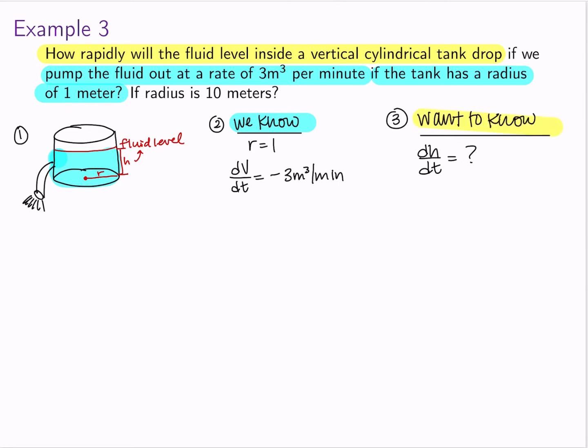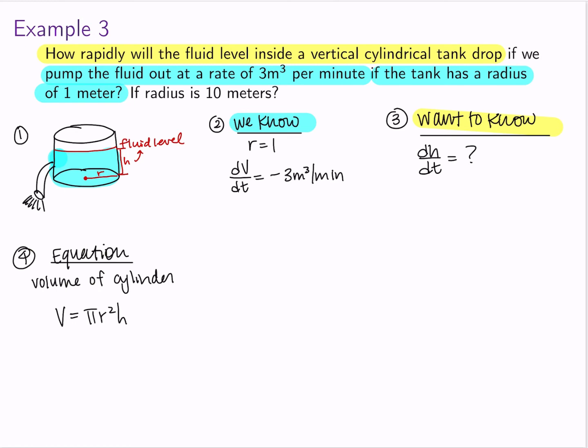So let's keep going. Step 4, we need an equation. All right, so we're talking about a cylinder and we've got its volume and its height and a radius. So we're going to use the volume of a cylinder as our equation. And we could go look that up, but the volume of a cylinder is pi r squared h. Okay.